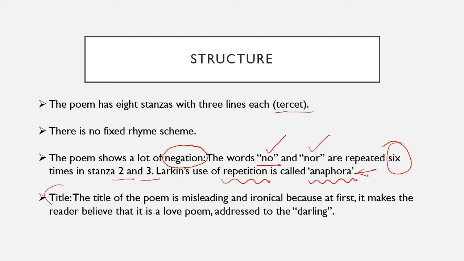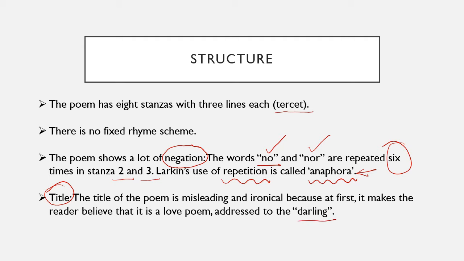The title of the poem is very important. As I just mentioned, when you look at the title, the reader immediately comes to know that the poet is addressing his beloved, because in the title he has used the word darling.